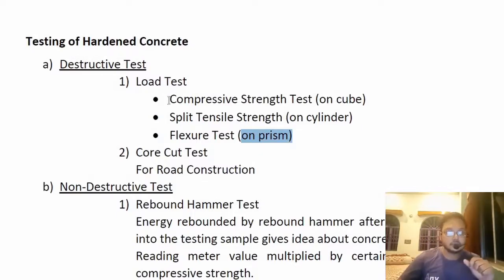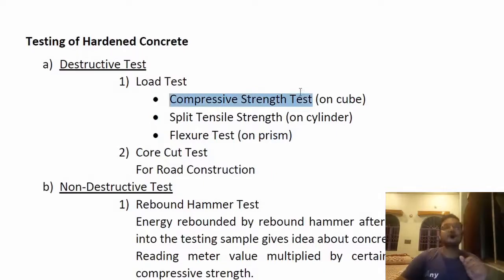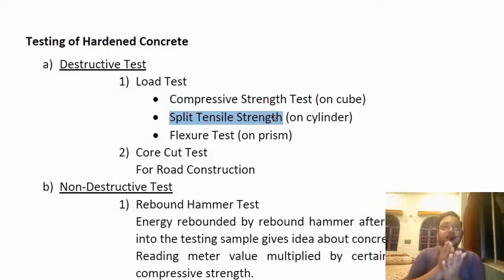When we apply compression, it is the compressive strength test. When we apply tensile strength on the specimen by splitting a cylindrical specimen, it is known as the split tensile strength test, or sometimes the cylinder split test.